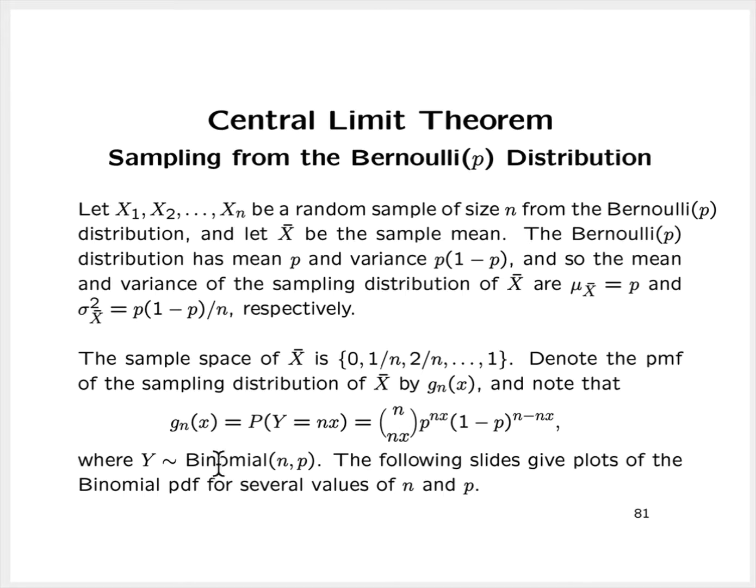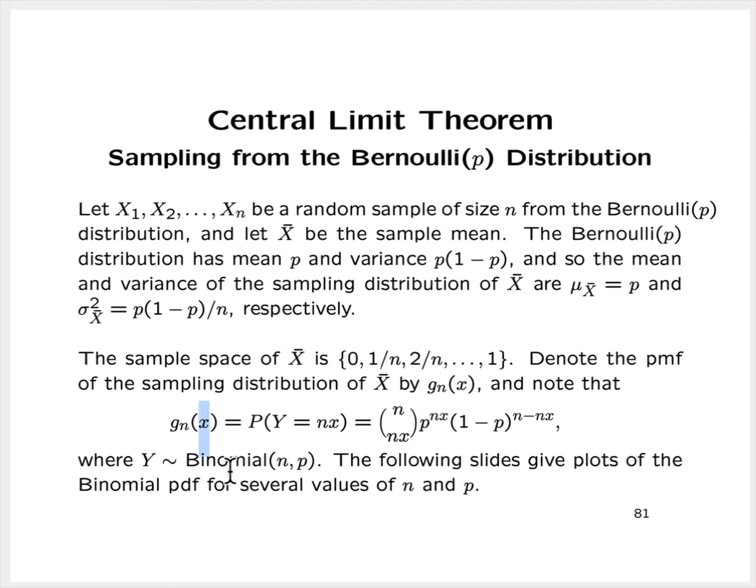Now let's denote the PMF of the sampling distribution of x bar by lowercase g sub n, and note that the PMF of x bar evaluated at a particular value x, where x is in the sample space, is defined to be the probability that x bar is equal to x.